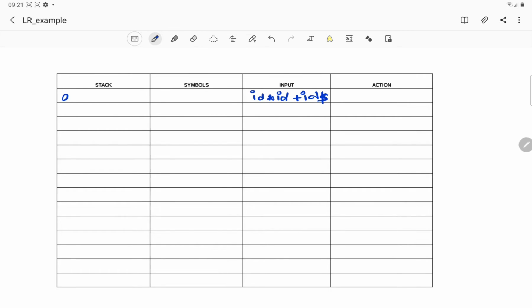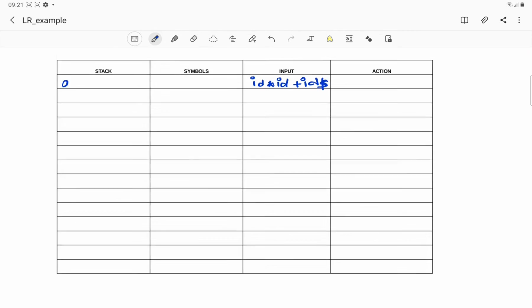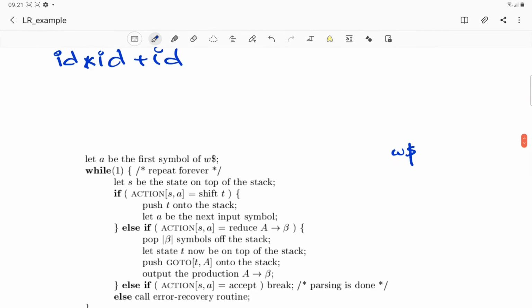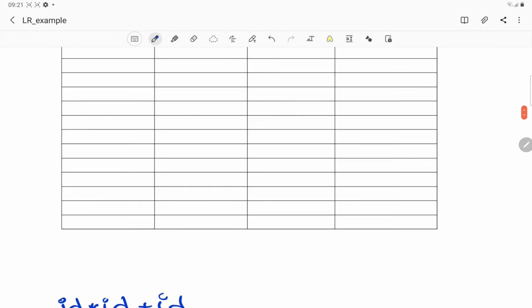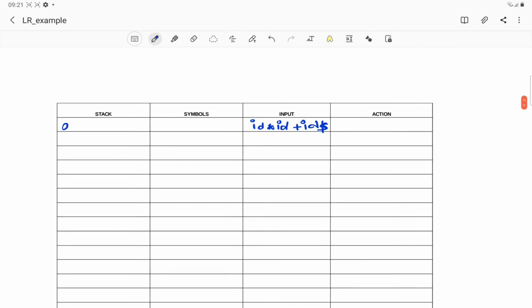According to our algorithm, we have to consider action of S comma A, where S is the stack top and A is the current input symbol. Now the input symbol is id, this first id.